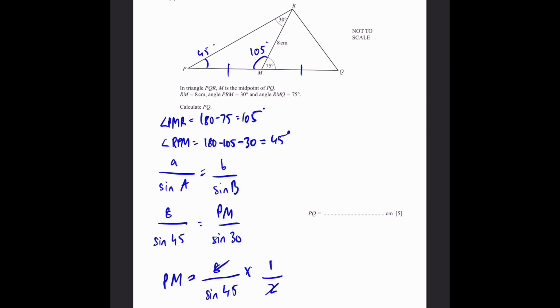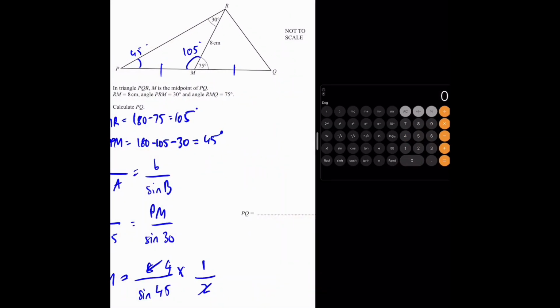You can cancel this, so it's simply 4 by sine 45, which is actually 1 by root 2, but I'm simply going to do it on the calculator to make it easier. So 4 divided by sine 45 will be 5.6568 dot dot dot in centimeters, of course.